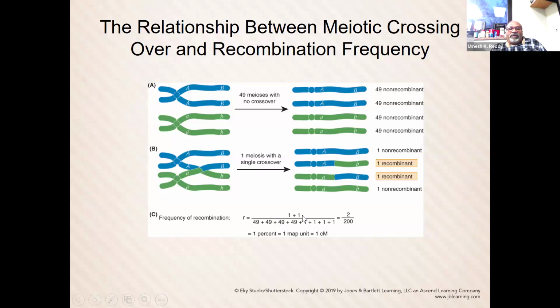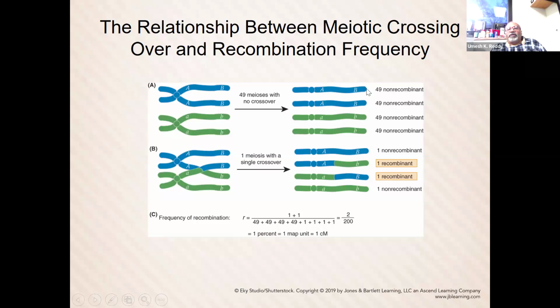And then the recombinant chromatids: if we take about 50 different meiosis, and out of 50, just one meiosis had crossover, that means only 2 chromatids out of the 4, even in the one that has undergone the crossover, have recombined, because here is the crossover, chiasma.